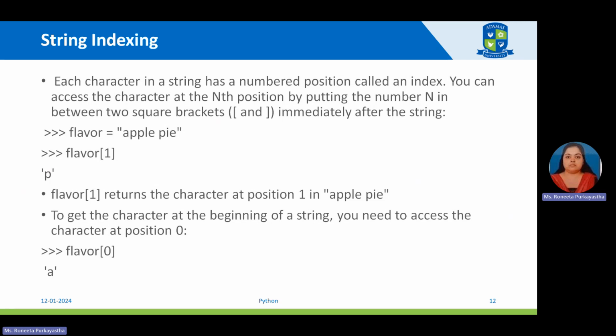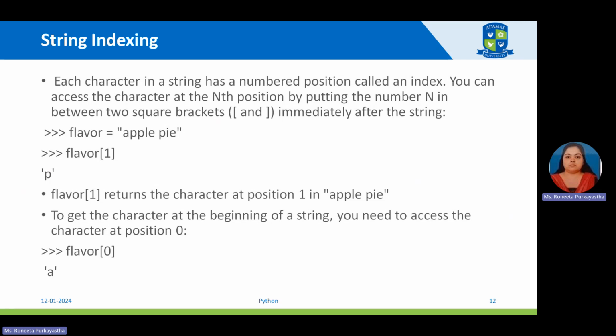So if you consider the example that we have created a variable called flavor, and we have stored apple pie into the flavor variable. Whenever you write flavor square bracket 1, that means you are trying to access the 1st index character from the string. Now the first position, the first index is actually 0.